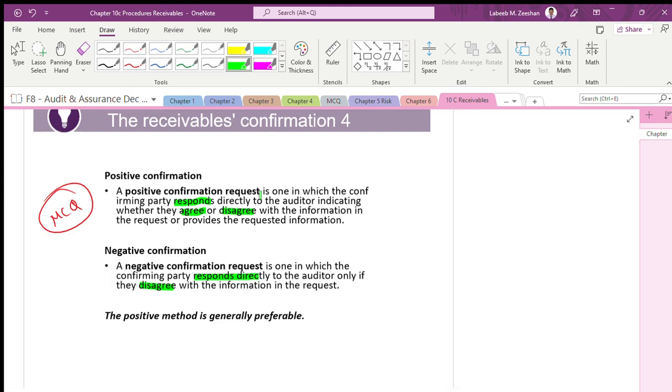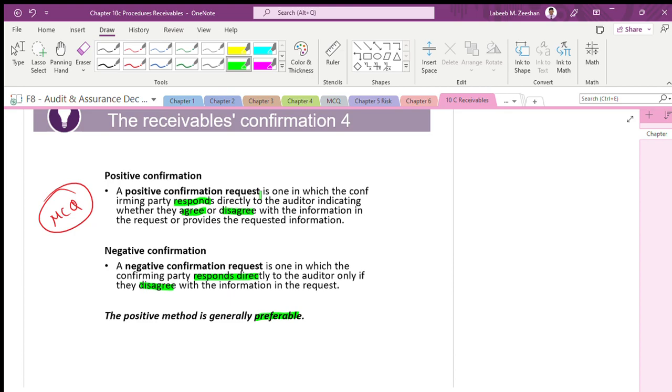Got it? What is the positive confirmation? They respond directly to the auditor whether they agree or disagree with the information. Fine. Now, what is the negative confirmation? Negative confirmation is if I am not agreeing with that, I respond directly to the auditor when I am disagreeing with the amount. The positive method is generally preferable.